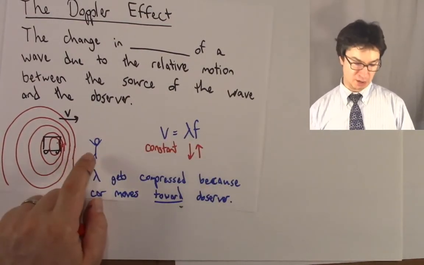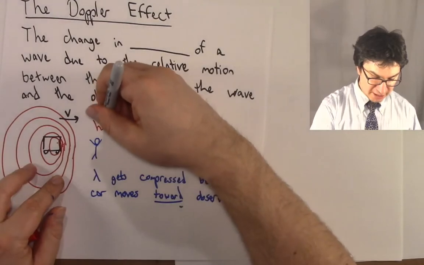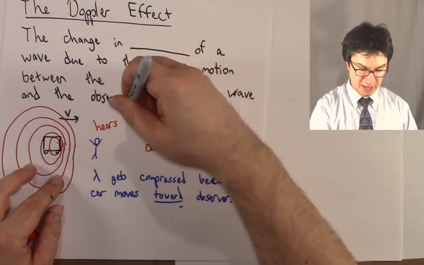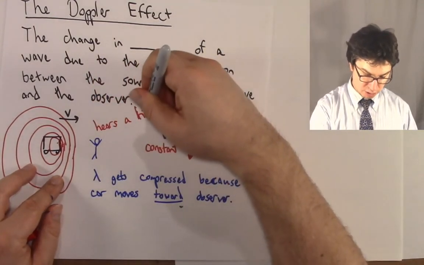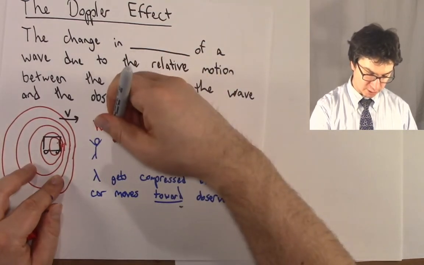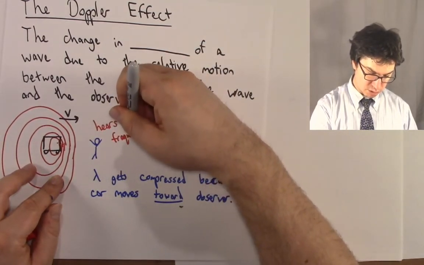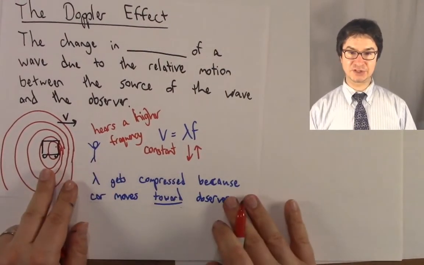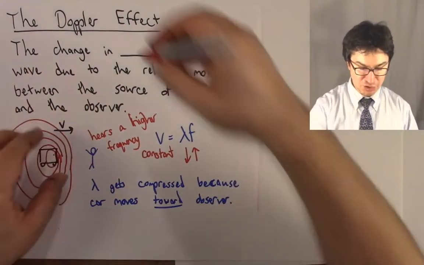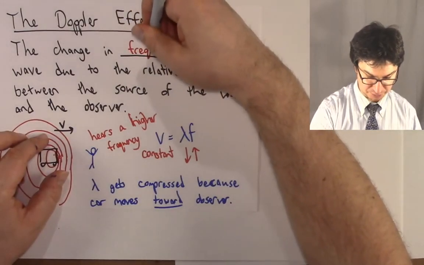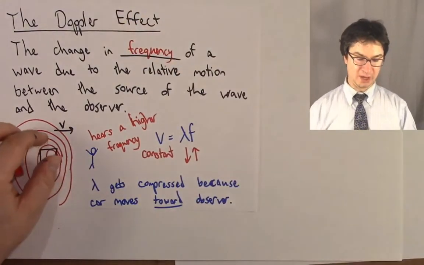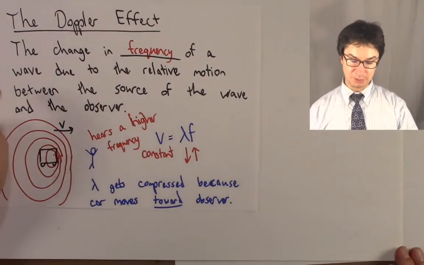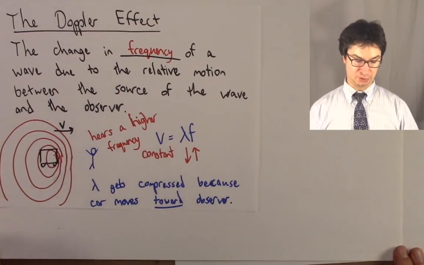So this person hears a higher frequency due to the motion of the car. So that means the Doppler effect is the change in frequency of a wave due to the relative motion between the source of the wave and the observer.